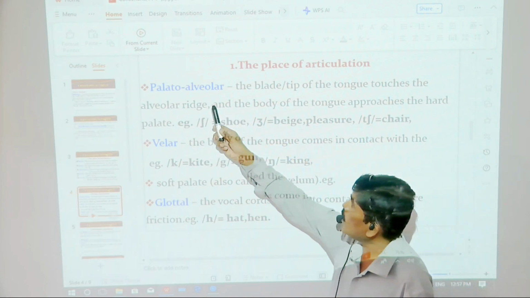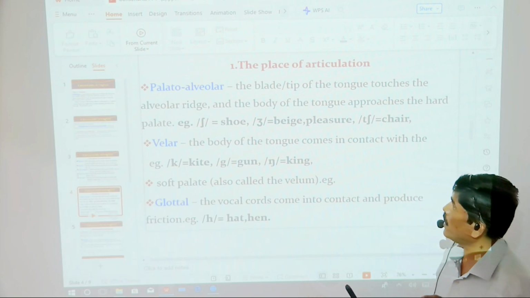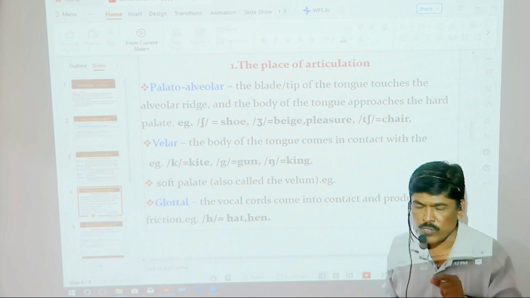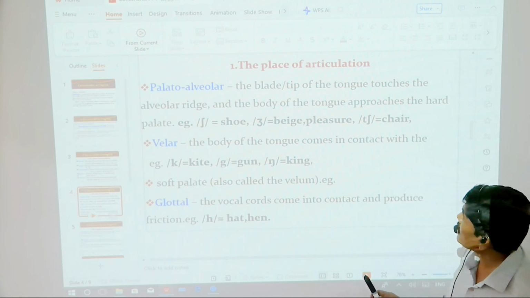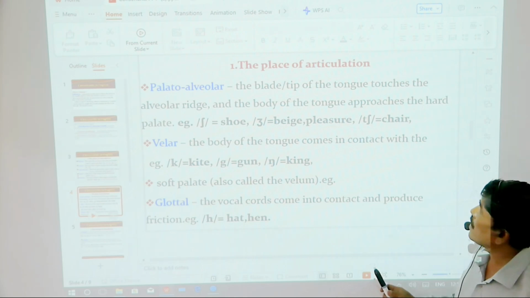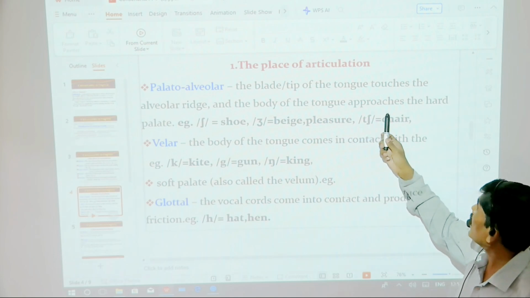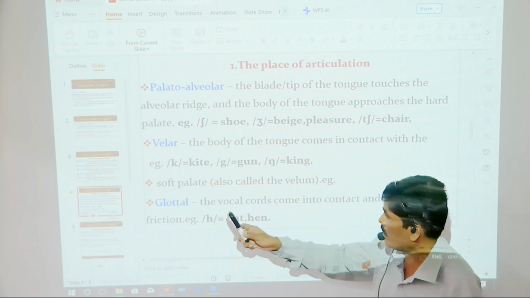These are palatoalveolar sounds, palatoalveolar consonants. Palatoalveolar means what is the place exactly? See, produce the sound sh. In this case, the tip of the tongue touches the alveolar ridge and the body of the tongue approaches the hard palate. Okay, now velar.